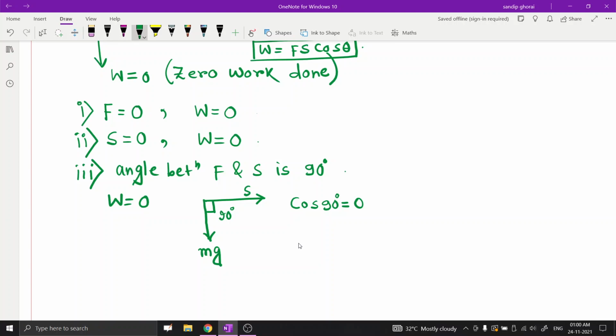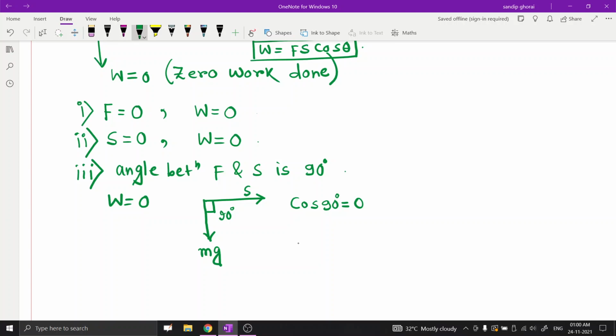Take another example. When the Earth is rotating around the Sun, the gravitational force acts towards the center, and the displacement direction is tangent. So in this case also the angle between force and displacement is 90 degrees.